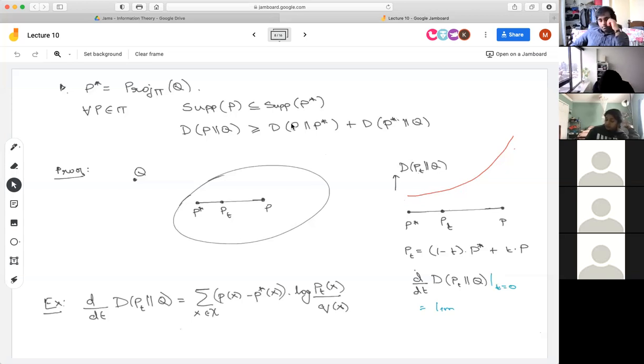It's the KL divergence of P sub t and Q, minus the divergence of P star and Q, divided by t.